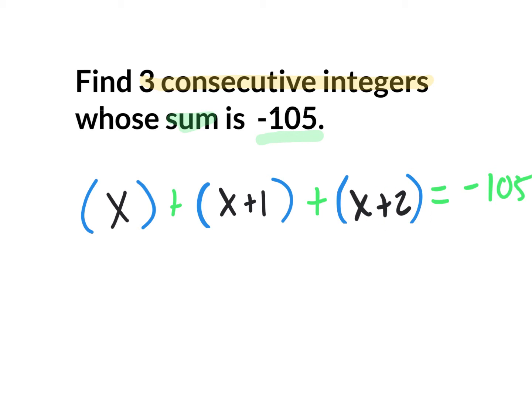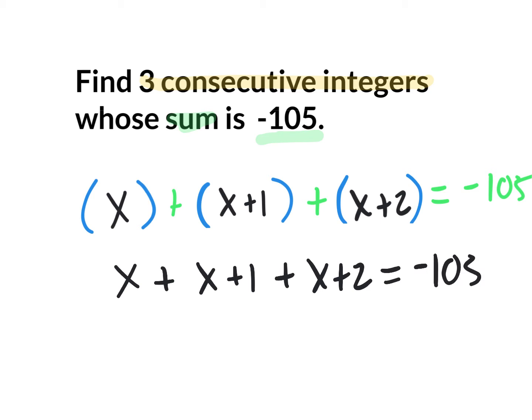So this is an equation that requires simplification. Now, what is simplification? It's either the distributive property or combining like terms. As you can see, there's nothing to distribute from the outside of the parentheses to the inside, so you could ignore those parentheses. What do we really have? We have x plus x plus 1 plus x plus 2 equaling negative 105.